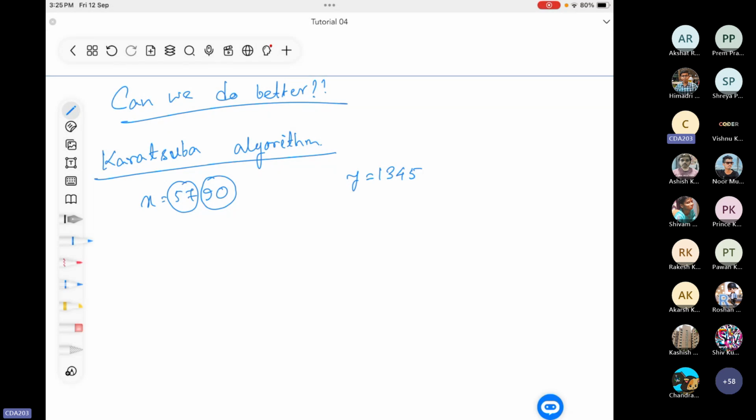Here it's a 4-digit number, so we consider this first part as A, this part as B. Similarly, we consider this part as C and this part as D. You can see that all these are n by 2 type numbers. If x is a 4-digit number, A and B are two-digit numbers. Similarly, y is a 4-digit number, and C and D are two-digit numbers.